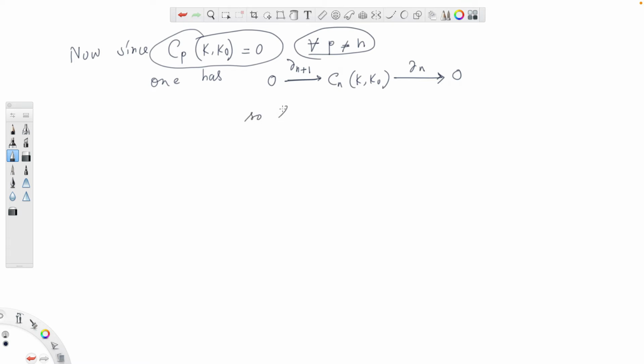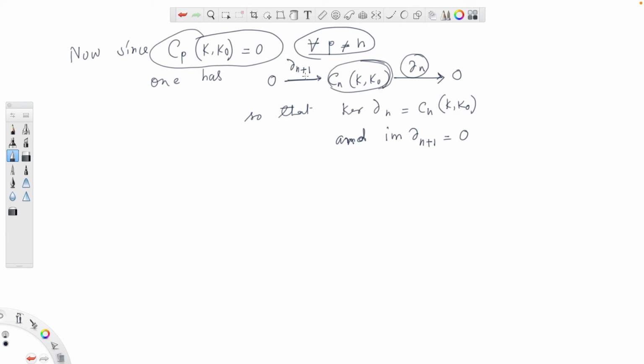So from this sequence we see that the kernel of delta n, the kernel of this map, is Cn(K, K0), which is everything here, and the image of delta n plus 1 is supposed to be trivial, since delta n plus 1 is a homomorphism.